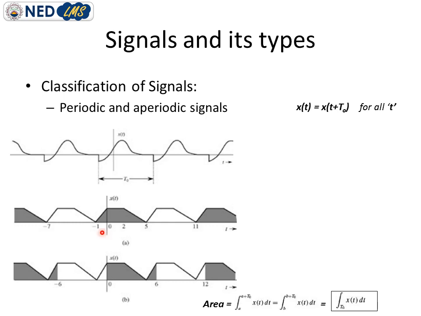For example, look at these two plots. If we start to calculate the area under the curve from point A and take one complete period, then we use this expression.